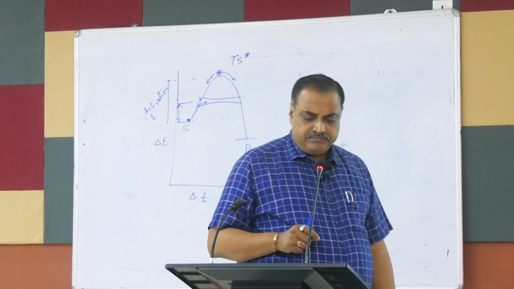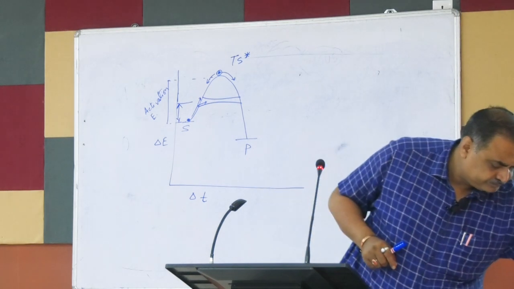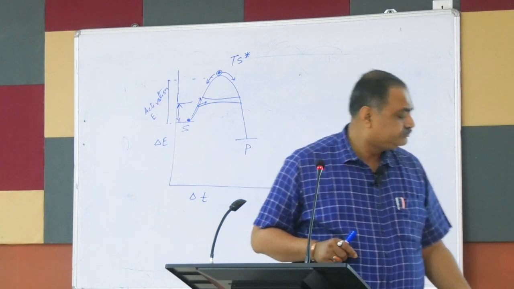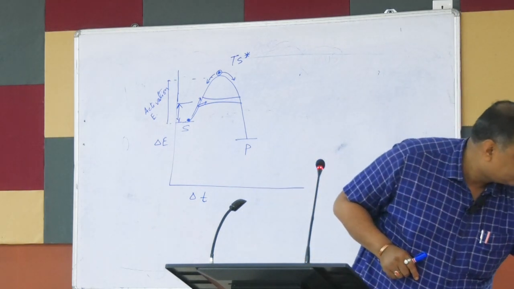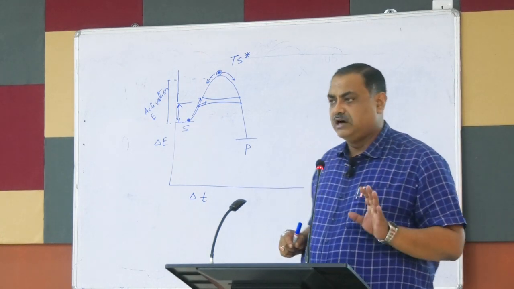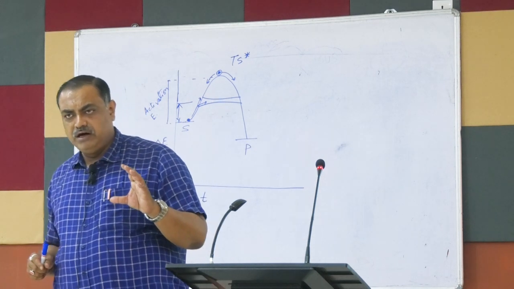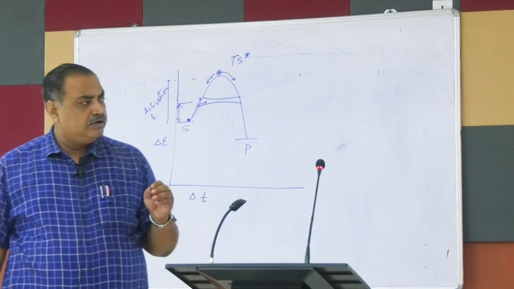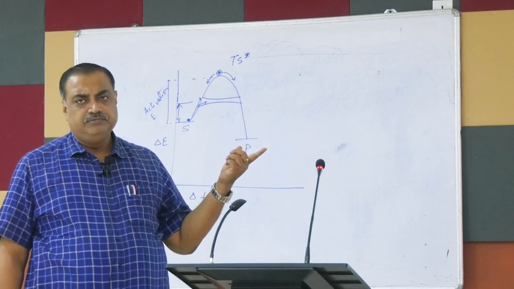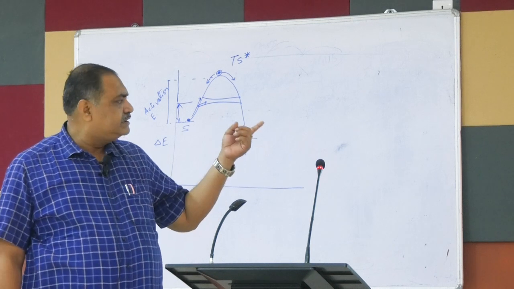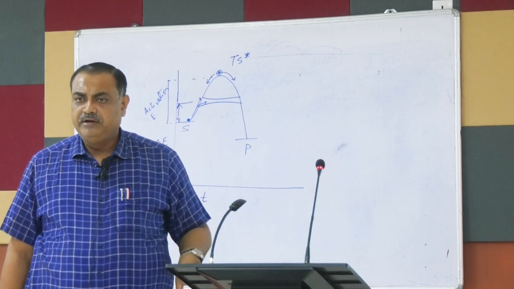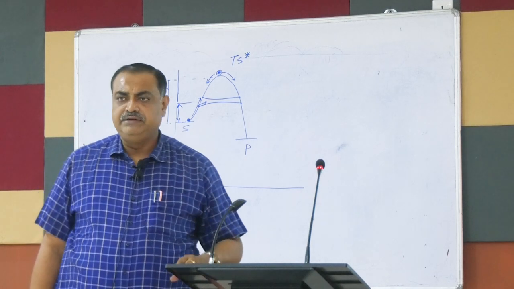First one is enzyme concentration. Draw this graph and then explain it in a few words. That's all. Now let me explain what the graph is about. There are two axes: one is reaction rate, another is enzyme concentration.